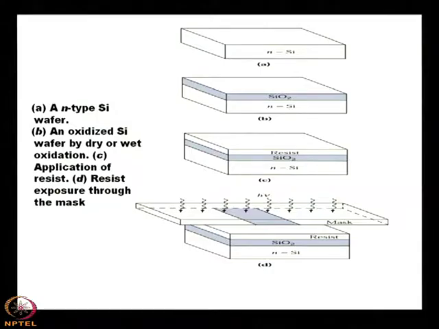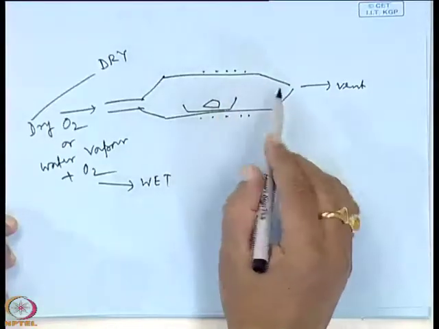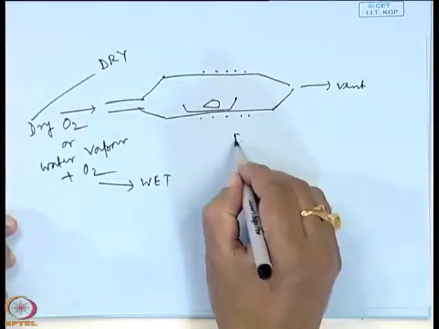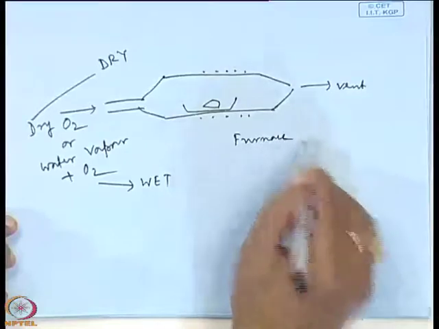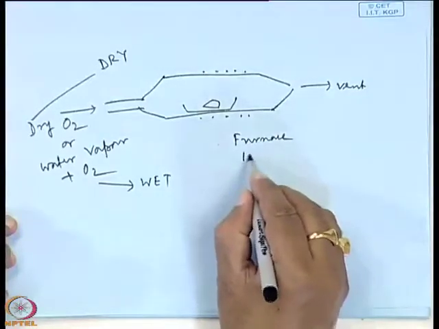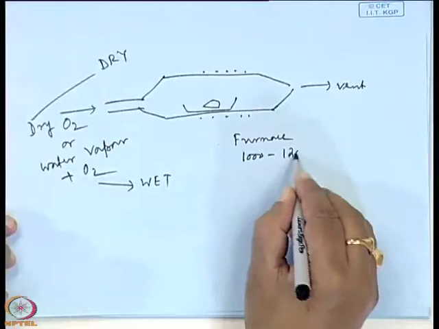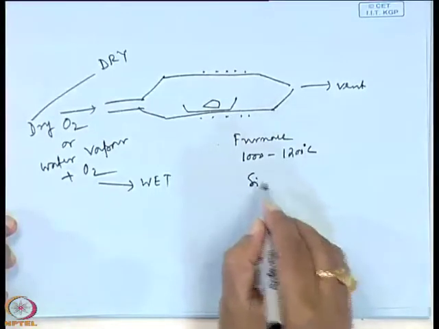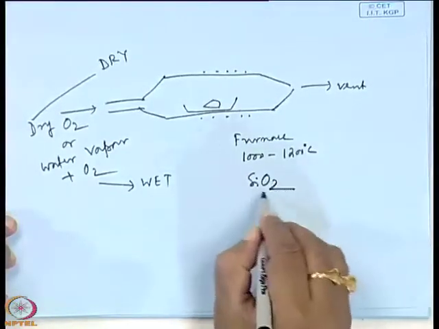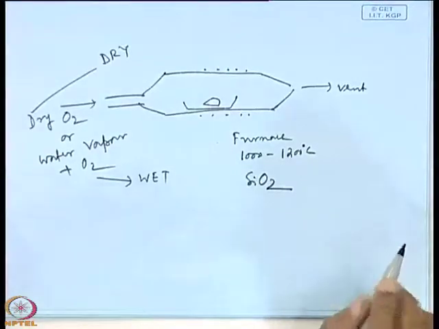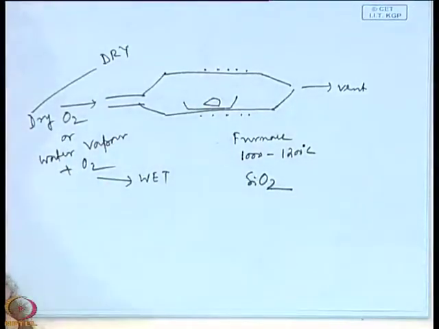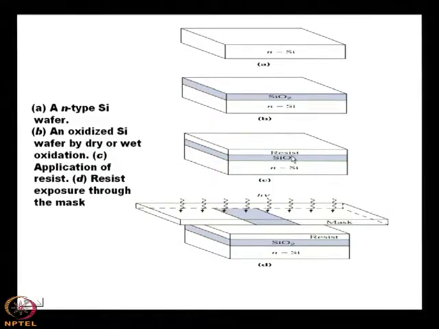That means, just using a simple furnace, the temperature of the furnace will be 1000 to 1200 degrees centigrade for silicon oxidation, that is, for fabrication of SiO2. Then the next step is to use a photoresist.